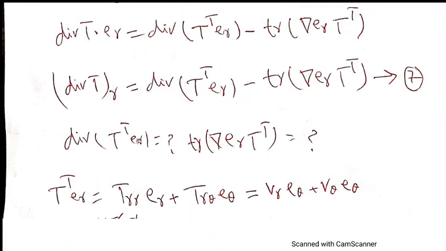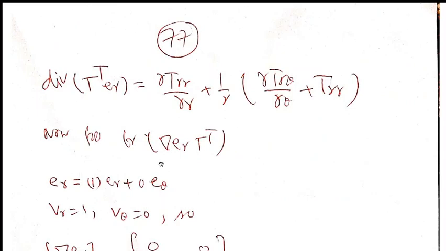You know that transpose of T times er equals this: T er equals T_rr er plus T_theta r e theta, but we have the transpose, so T_rr remains the same, but this would be T_r theta instead of T_theta r due to the transpose. Now this is a vector, with first component vr and second component v theta. Now we want to write its divergence.